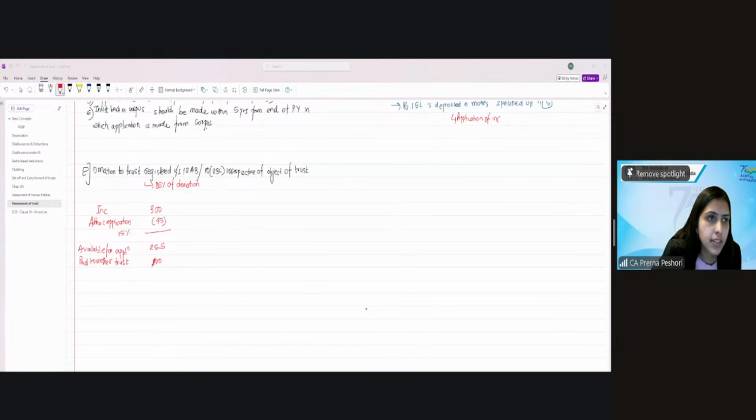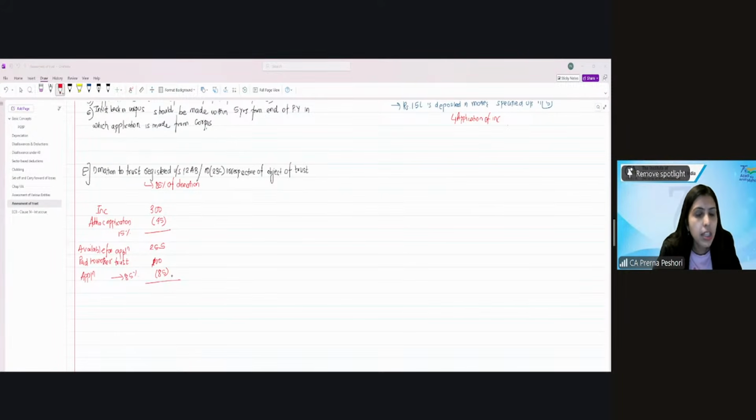So what is the application? 85%, which comes to 85. So this is allowed as the application.